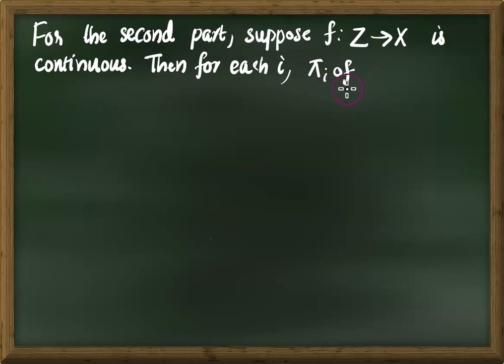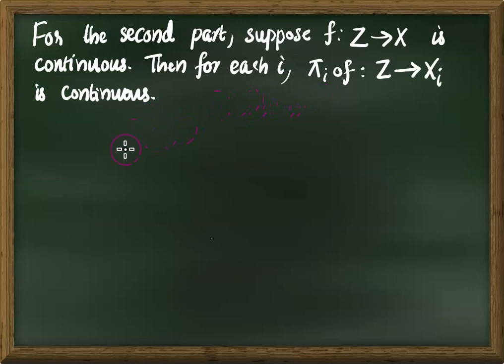And we already know that compositions of continuous functions are continuous. Hence, pi_i composition f, which is a function defined from Z to X_i, will be continuous for each i. So, if f is continuous, then pi_i composition f is continuous for each i.